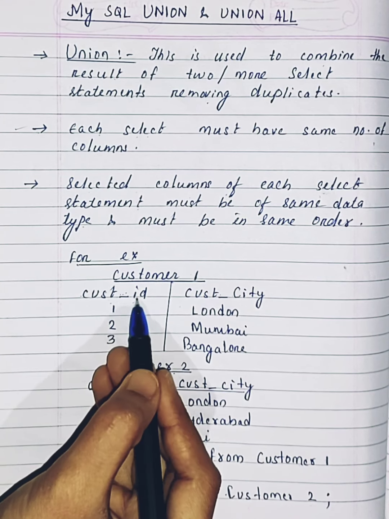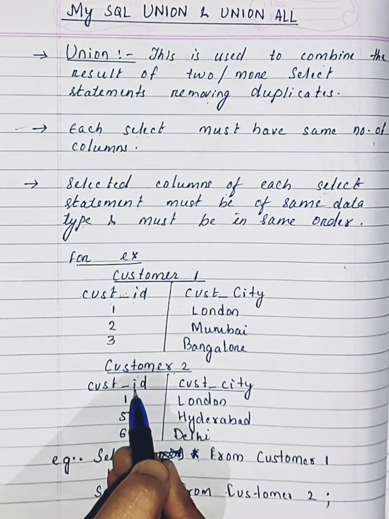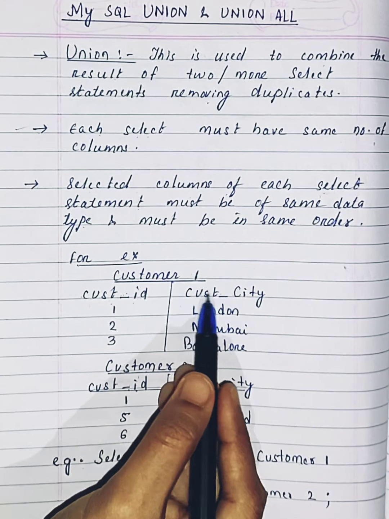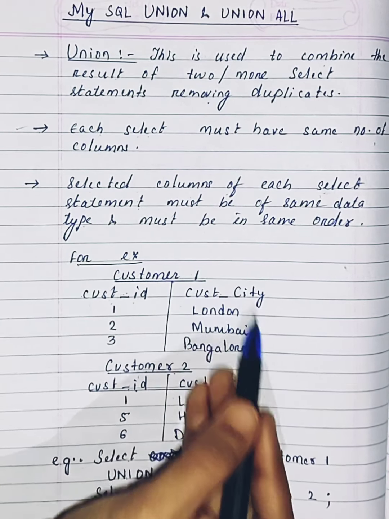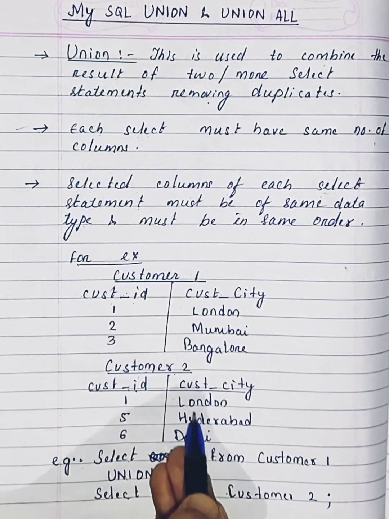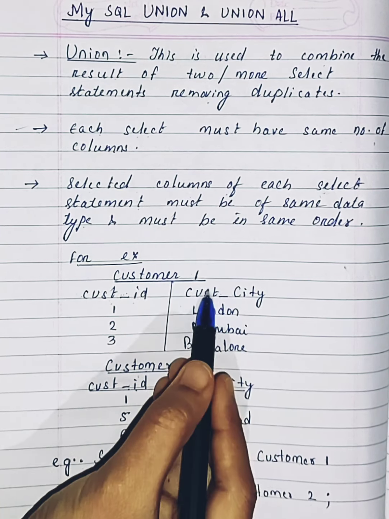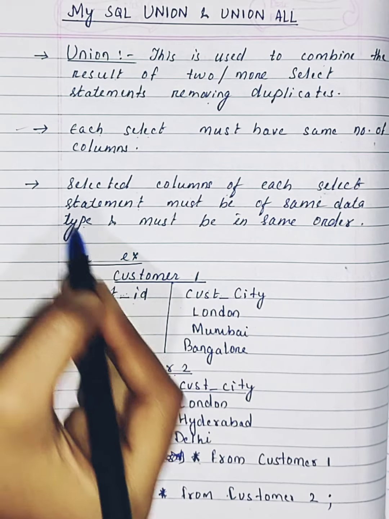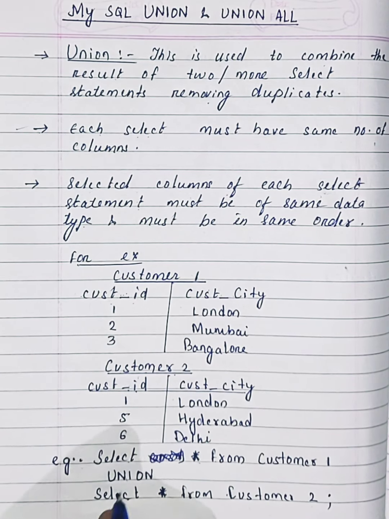Like in the first select, the first one is cust ID, the second should be cust ID of the same data type. If in the second select the second column is cust city, we should write cust city of the same data type. I hope you are clear about all these three, like what union will do.